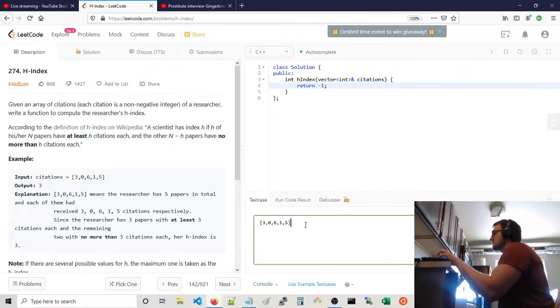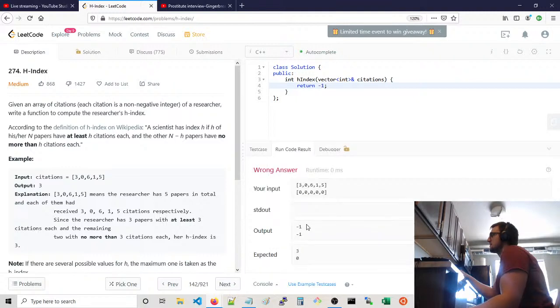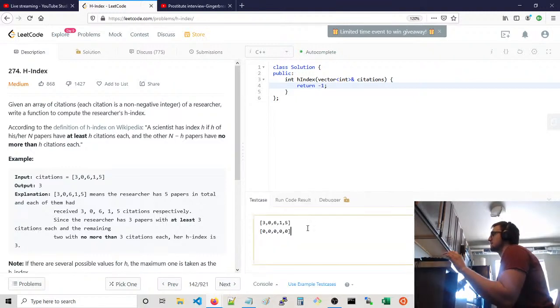What about this? What is this definition? I'm not crazy, right? I'm not crazy. This is definitely 3 and 0. Okay.